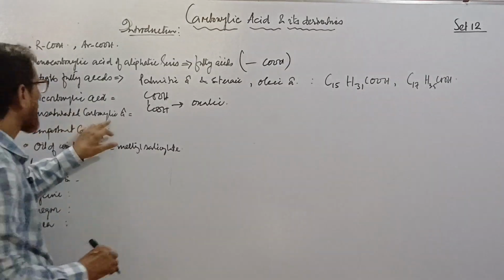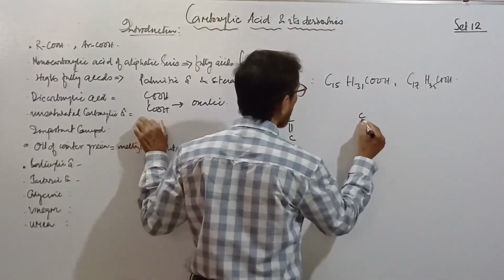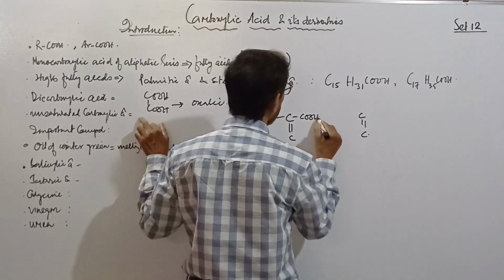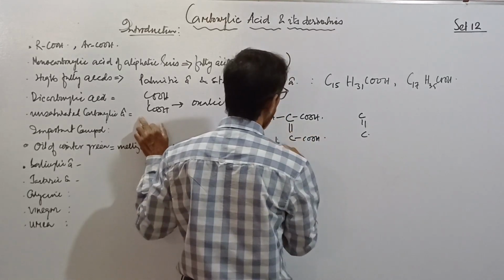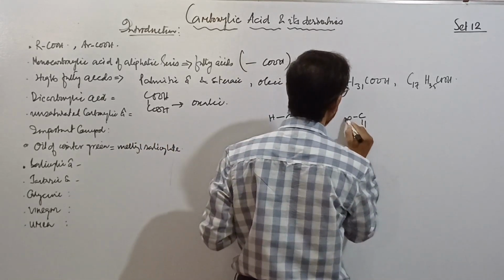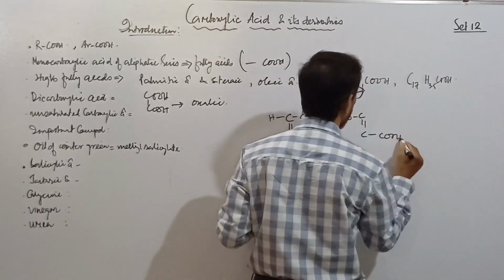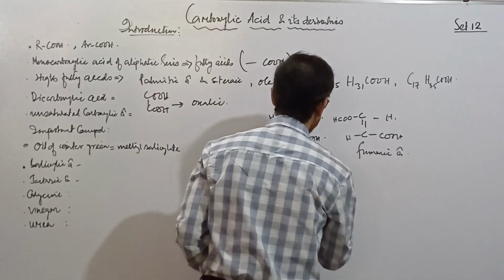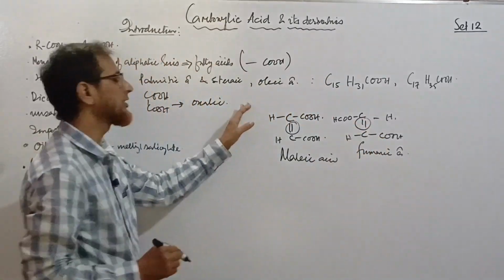Unsaturated carboxylic acid means there should be a double bond. One is COOH and COOH, and if you arrange the H and H in a different way, this is maleic acid. Since there is unsaturation, these are maleic acid and fumaric acid.